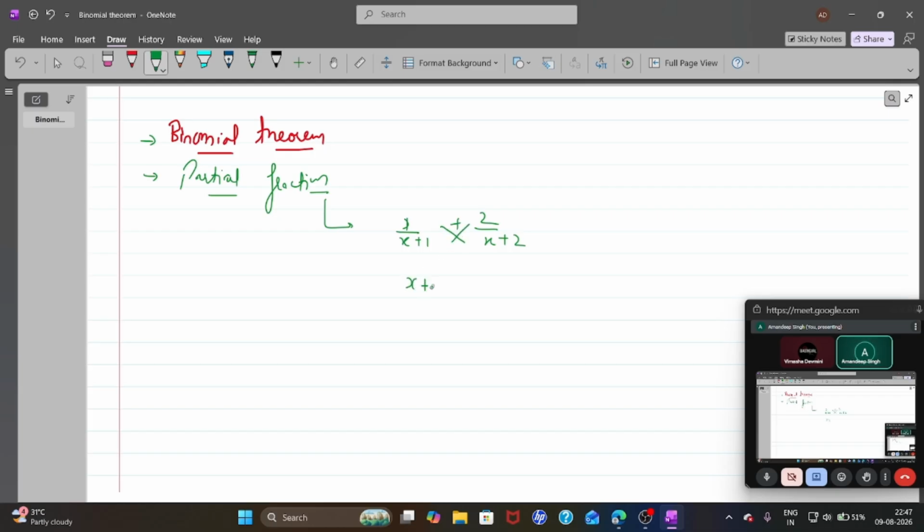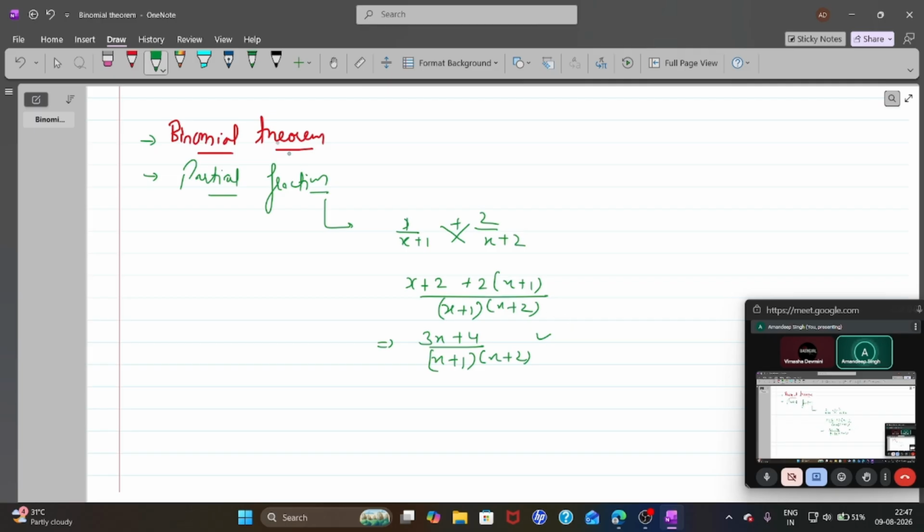So it is x plus 2 times x plus 1 divided by x plus 1 and x plus 2, right? And you will get 3x plus 4 divided by x plus 1 and x plus 2. Right, so this is the answer of this fraction.